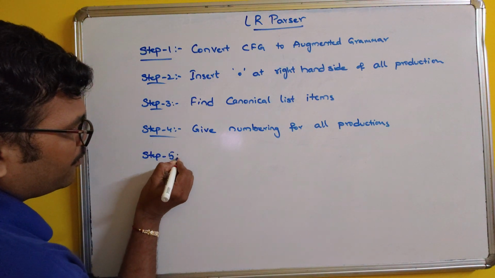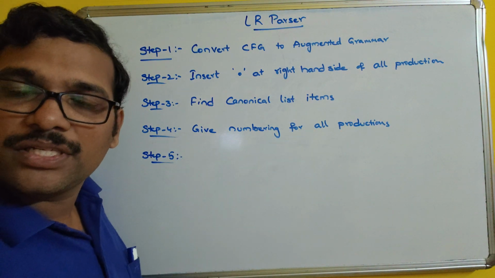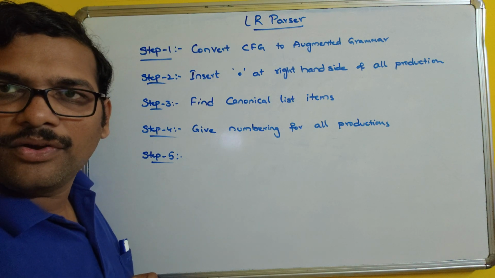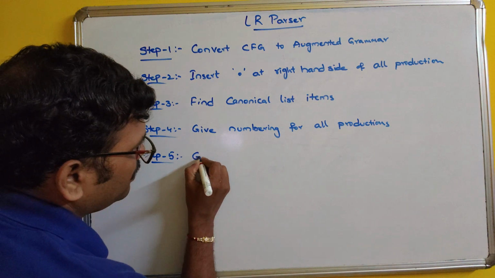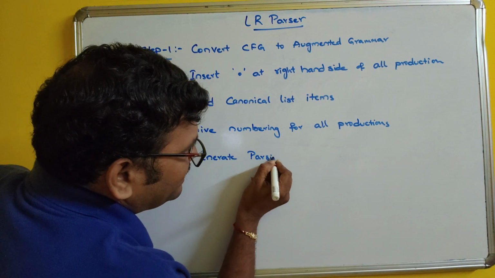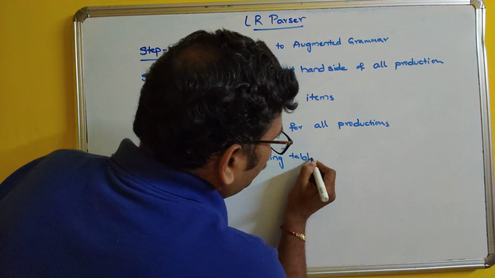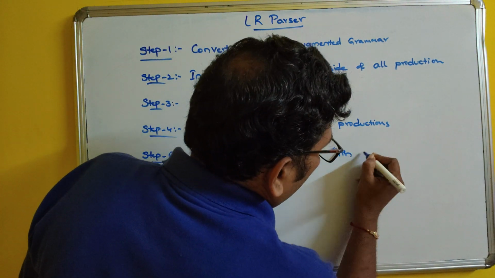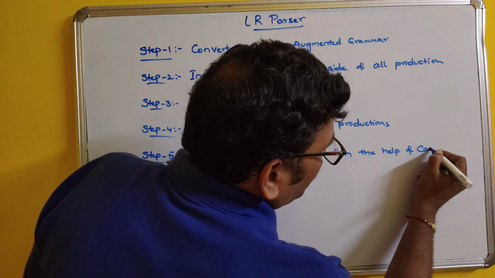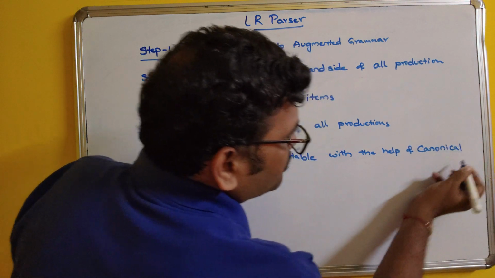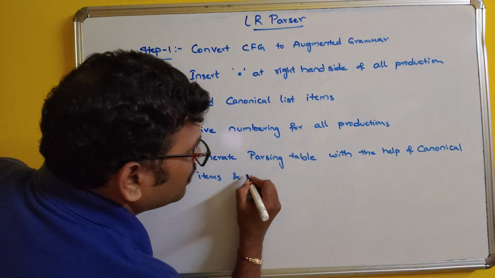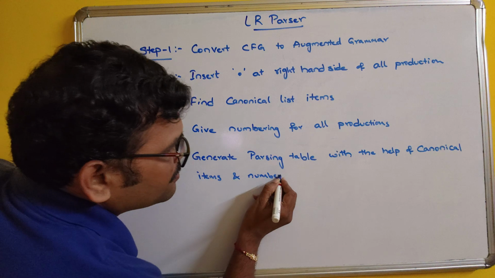Step 5: after giving the numbering for all the productions, generate the parsing table with the help of canonical items and the numbering of productions.